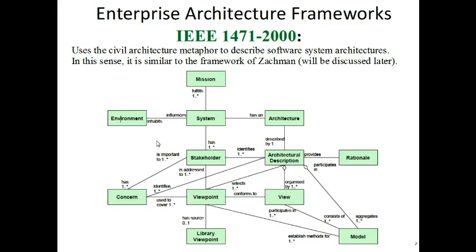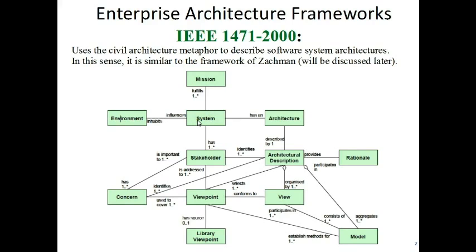Now I will go through this diagram with you to clarify a little more about this framework. What the framework is saying is that if you want to create a system, your system must have a mission. What is it supposed to accomplish? And then from there you create your system, so your system is fulfilling this mission.